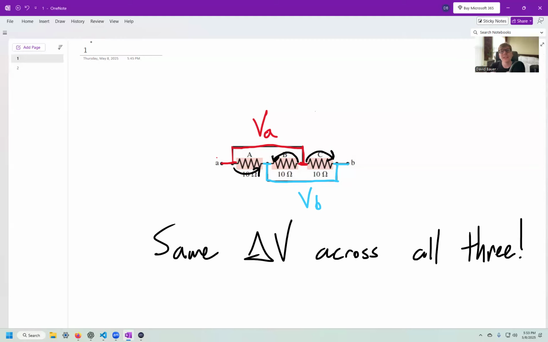And that's guaranteed because of the way they're connected. Because whenever I have points connected by a wire, I know all those points have to be at the same potential. So any situation like this, where I can guarantee that the voltage is the same across any set of resistors, of any number, then I know that that's a parallel connection.